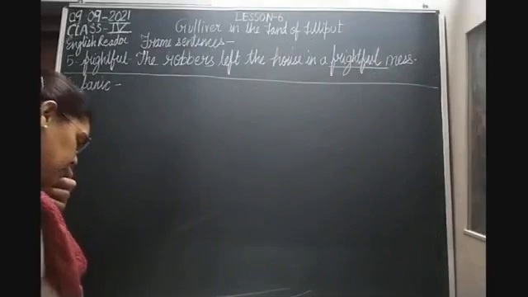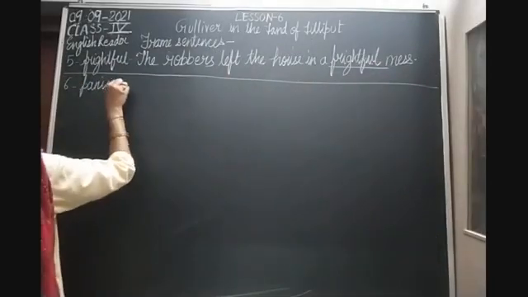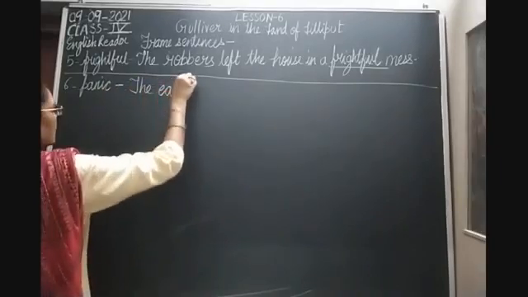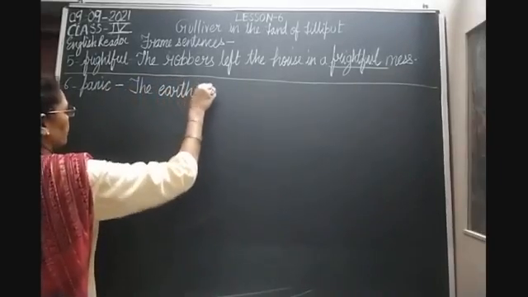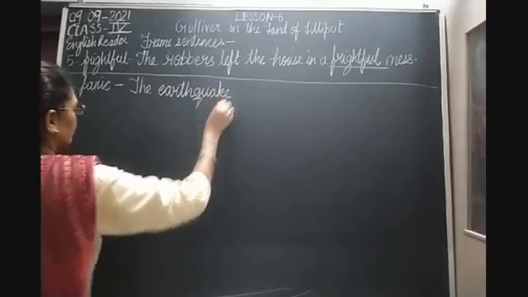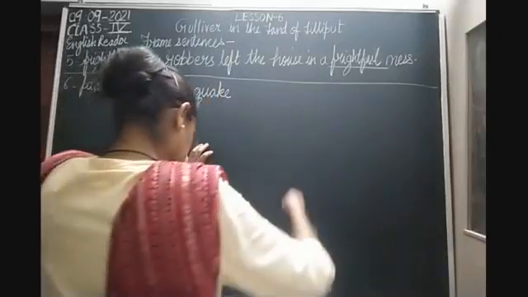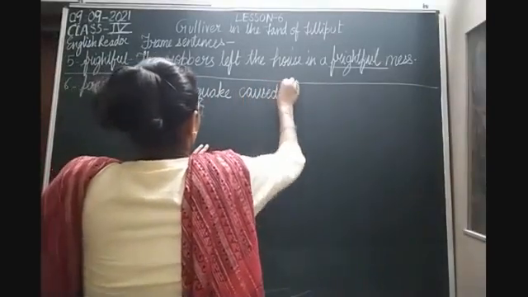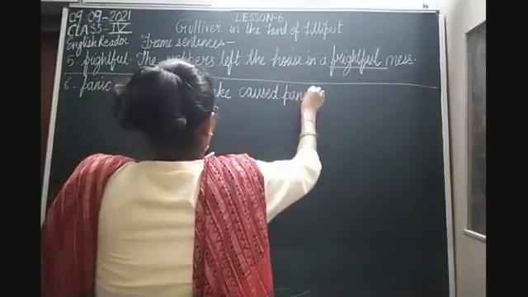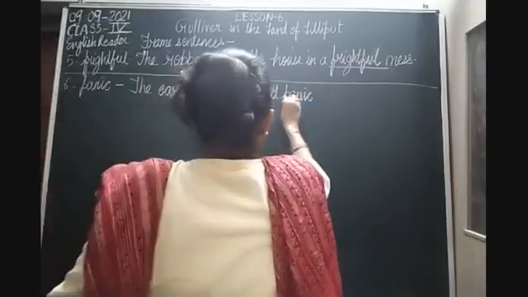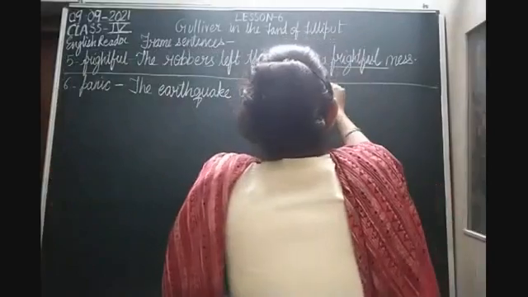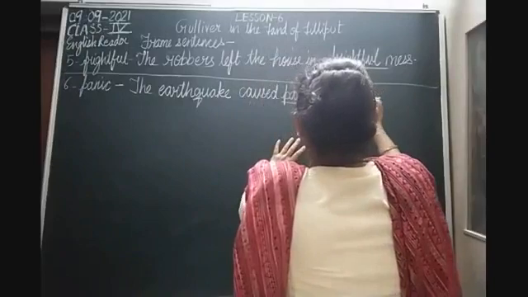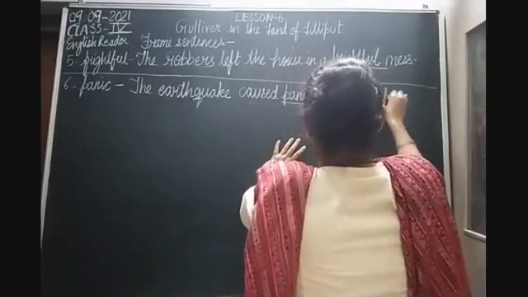And the sentence: the earthquake caused panic among the people. जब earthquake आता है तो लोग बहुत घबरा जाते हैं, डर जाते हैं और इधर उधर भागने लगते हैं.